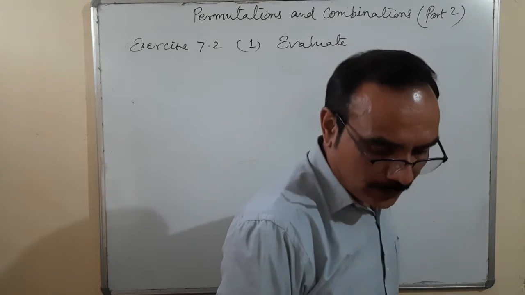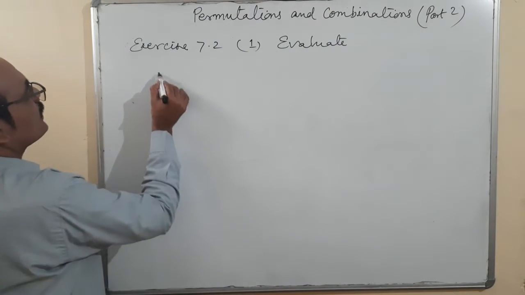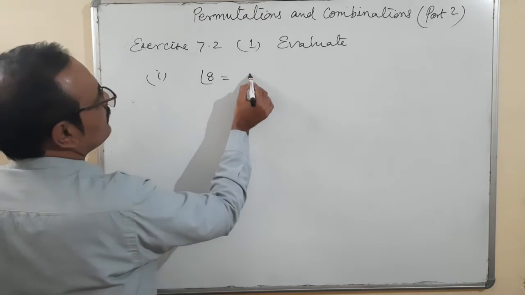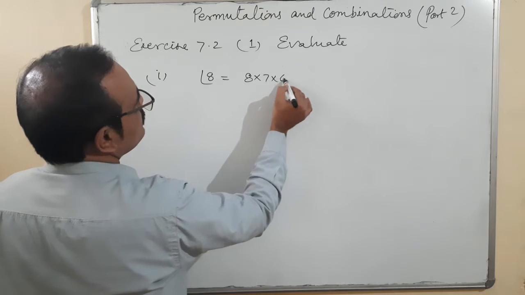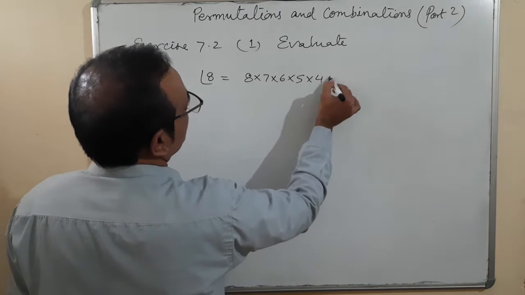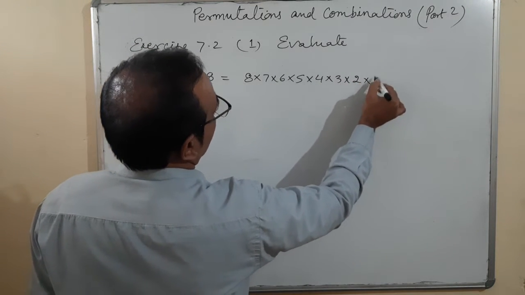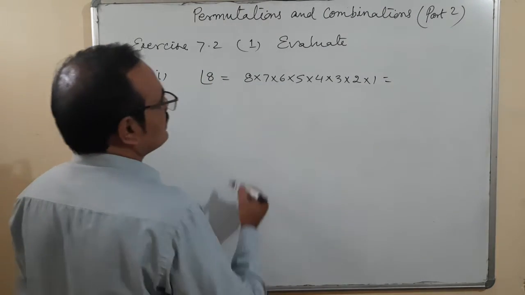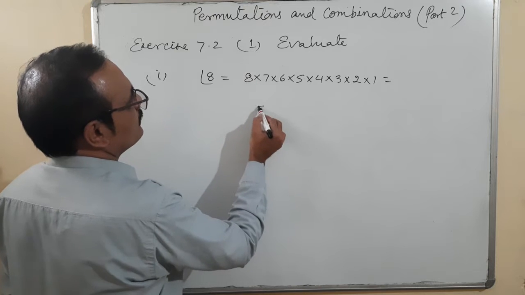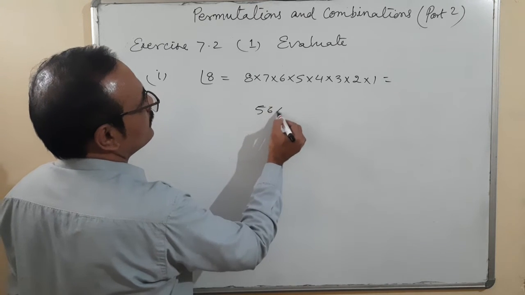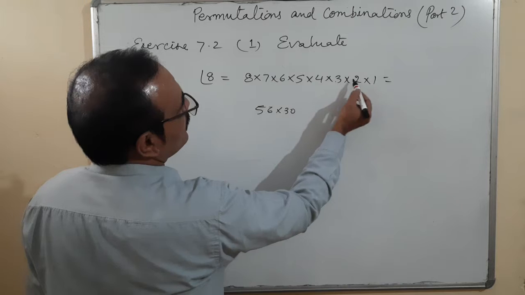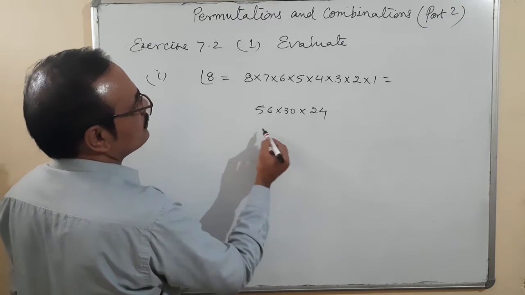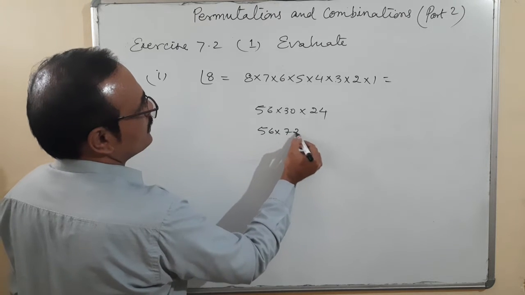Factorial 8. First part, factorial 8. What to write here? 8 into 7 into 6 into 5 into 4 into 3 into 2 into 1. When we find the answer: 8 7s are 56, 6 5s are 30, 4 3s are 12, 12 2s are 24, 24 3s are 72, so 720.